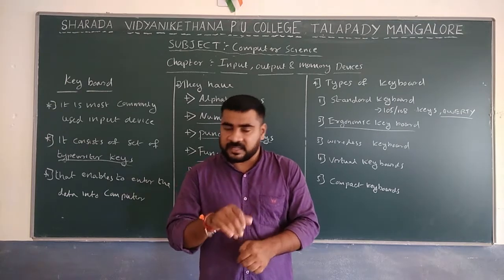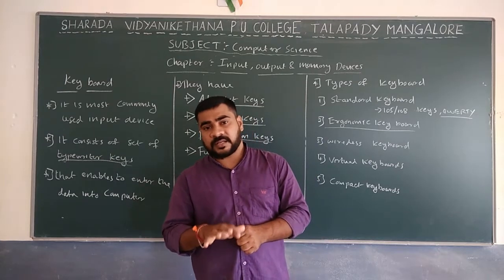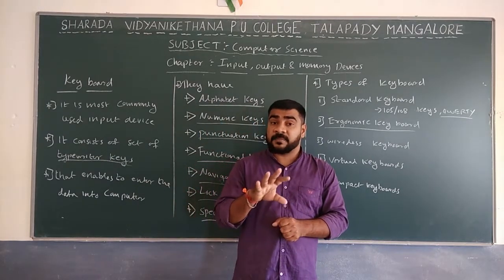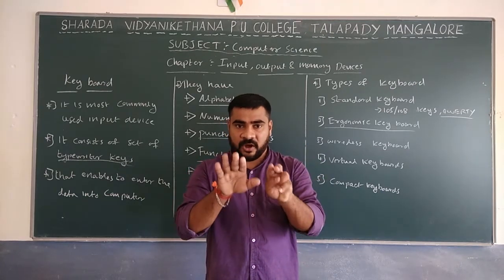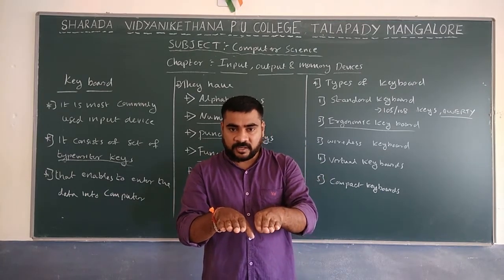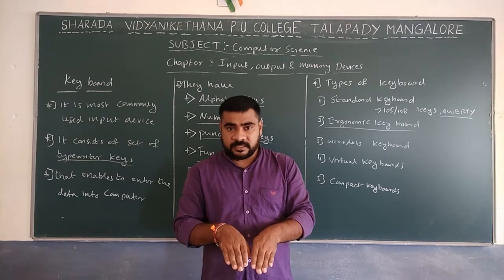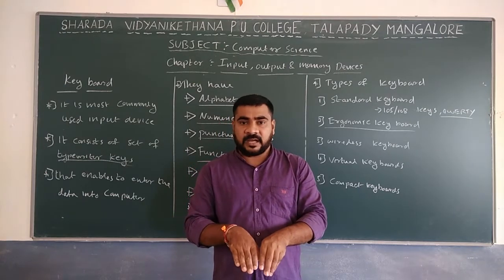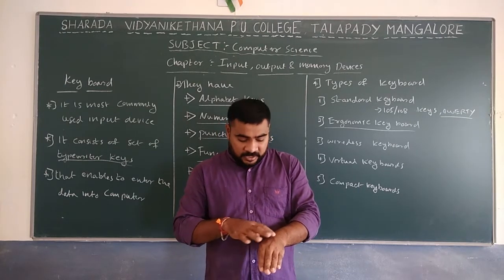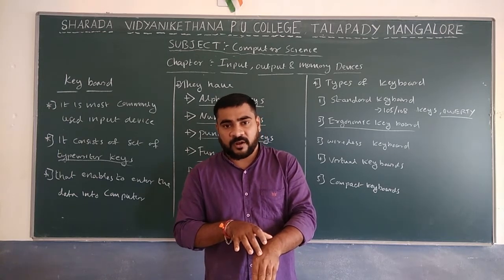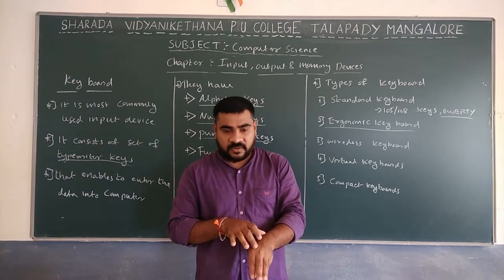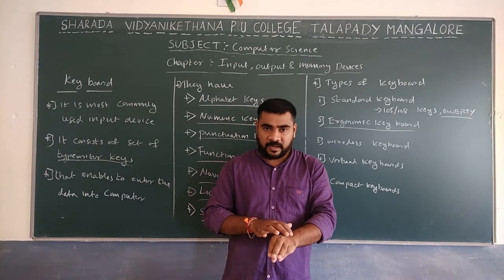The working function is everything the same, but the shape is different. A normal keyboard is rectangular, so we have to keep the hands like this. If you type the data by keeping the hands like this, the joint will get pain. If you type for 1 hour, 2 hours, 3 hours, the joint starts to pain.